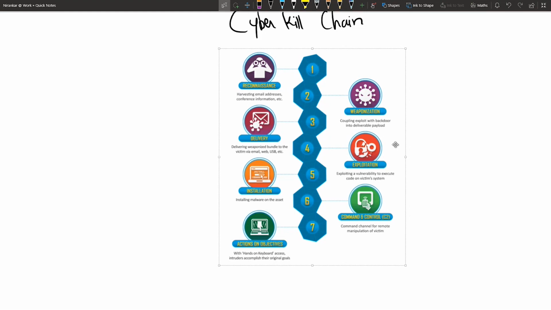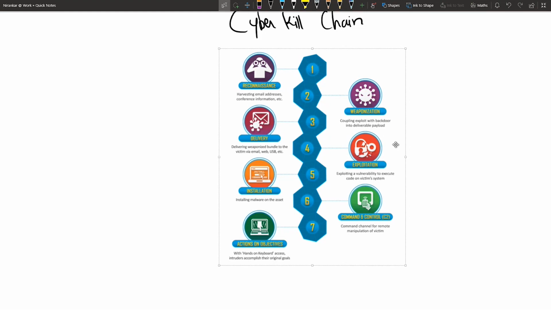Here we create a deliverable, a malicious payload using an exploit and a backdoor. Third, we have delivery. In the delivery, we send the virus or weaponized bundle to the victim machine using email, USB, etc. Like I can host a web server, and if a person visits over there, it will automatically start downloading. That is the delivery part.